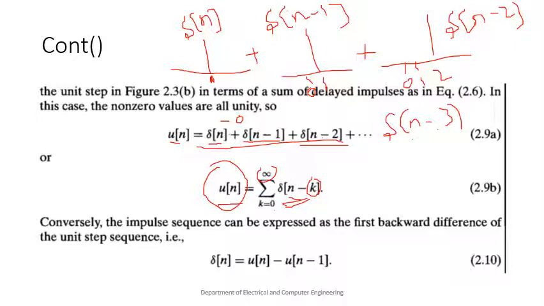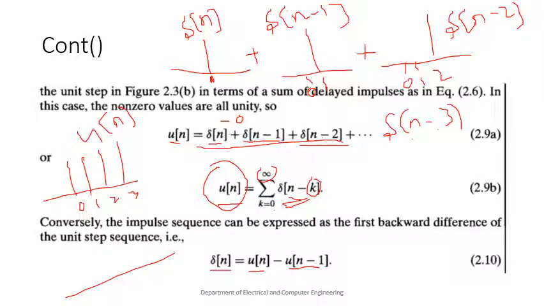Now, conversely, we can use the unit step to generate the unit impulse. This is our unit step, U of n, at 0, 1, 2, 3. We subtract from it this signal, which is shifted towards the right, so it has nothing at 0 and then continues at 1, 2, 3.